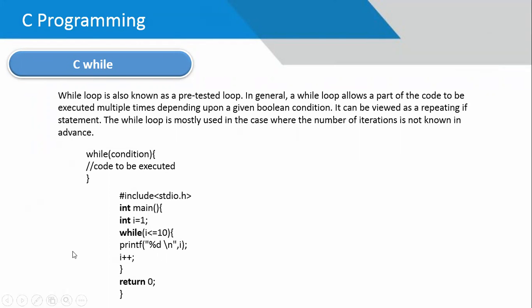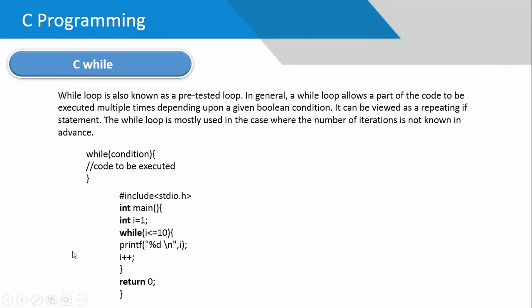Next looping construct is the while loop. While loop is also known as a pre-tested loop in general. A while loop allows a part of the code to execute multiple times depending upon a given Boolean condition. It can be viewed as a repeating if statement.